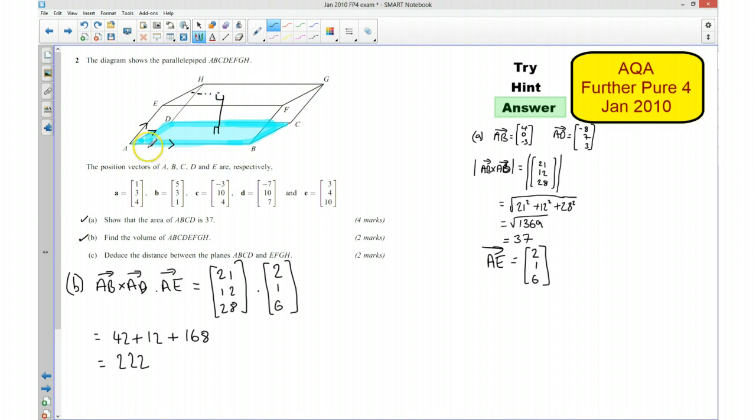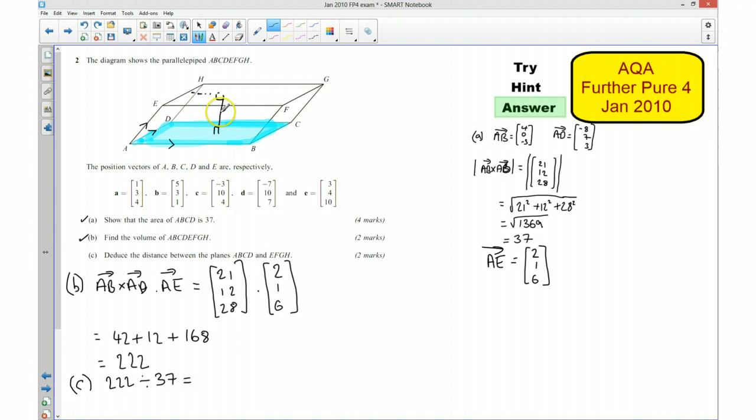Because I know that the area of this here is 37 units, and the area of this times the perpendicular height gives me the volume, and the volume is 222, for part C I just need to divide 222, which is the volume, by the area, which is 37.